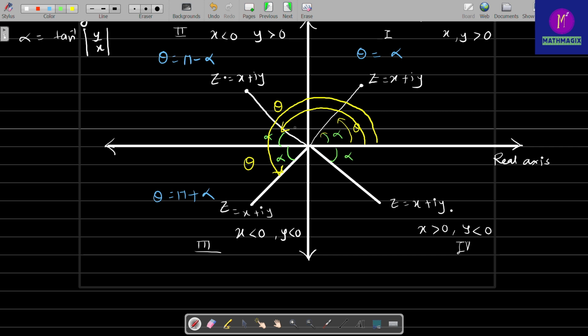Either we measure in the clockwise or anti-clockwise direction, that doesn't matter. In this case, as we are measuring the angle theta in the opposite direction, theta is nothing but minus alpha. You can also measure theta in the fourth quadrant as 2 pi minus alpha, but preferably we will use theta equal to minus alpha. So this is the way we can measure the angle.